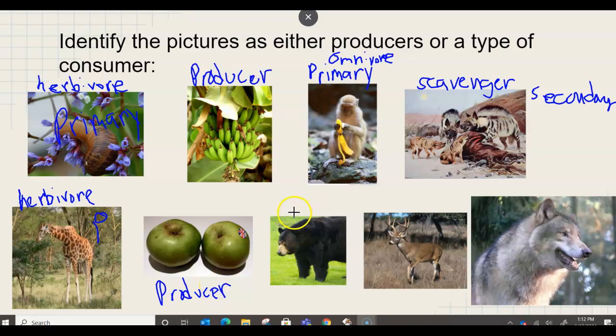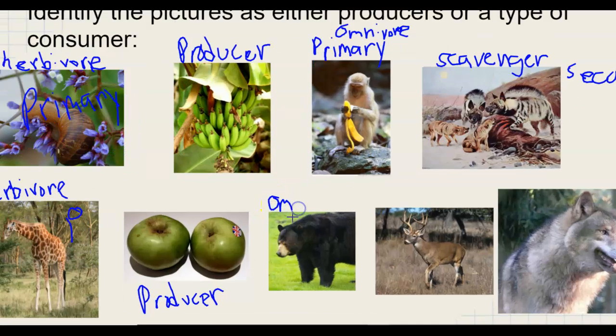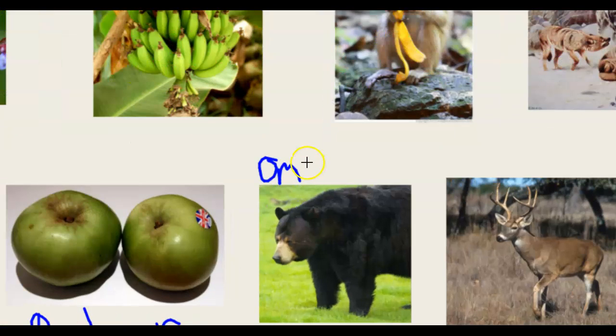Black bears are usually some sort of secondary, but we're going to write omnivore because they can eat a lot of things. So he could be a primary, a secondary, or a tertiary because it depends on what the bear was actually eating. White-tailed deer only eat plants, they're herbivores.